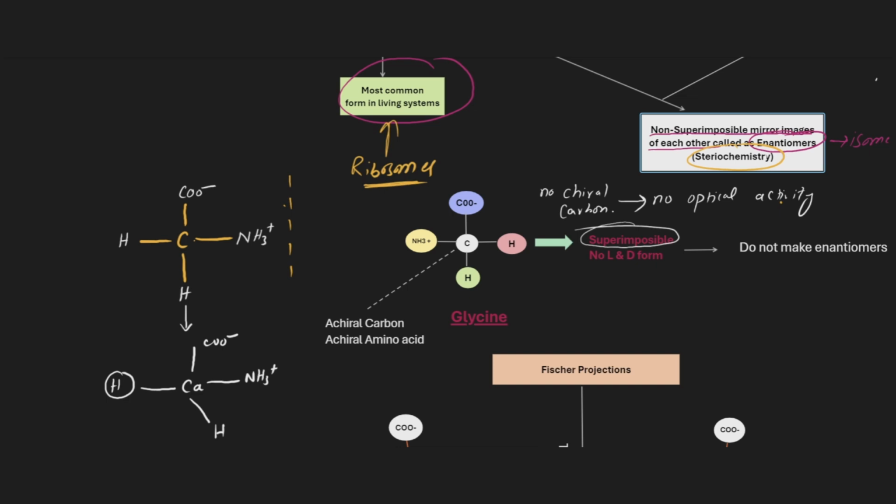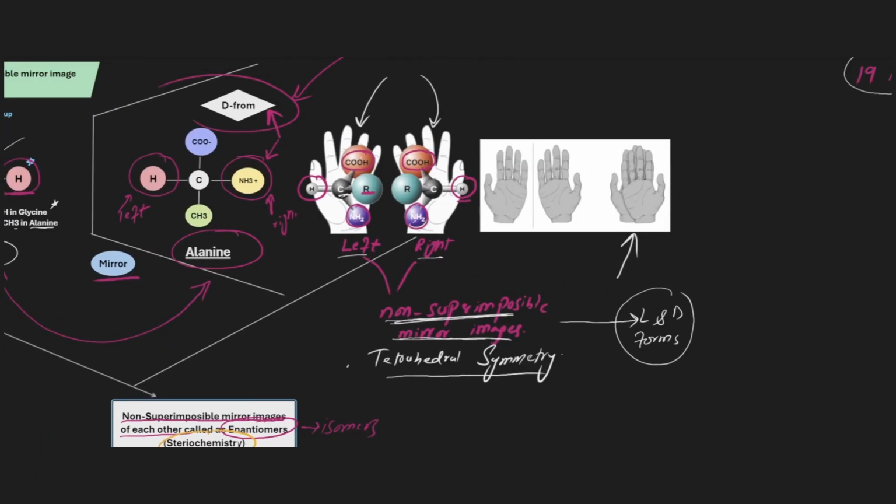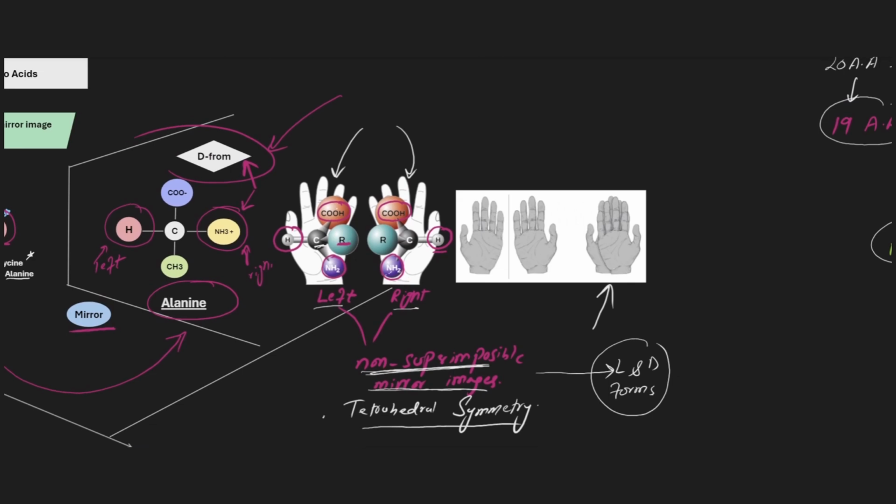So when you're going to superimpose these 2 structures, just look at this hand example. In this particular scenario, let's suppose the R here is hydrogen in case of the glycine. So let me write here, R is actually hydrogen in case of the glycine.